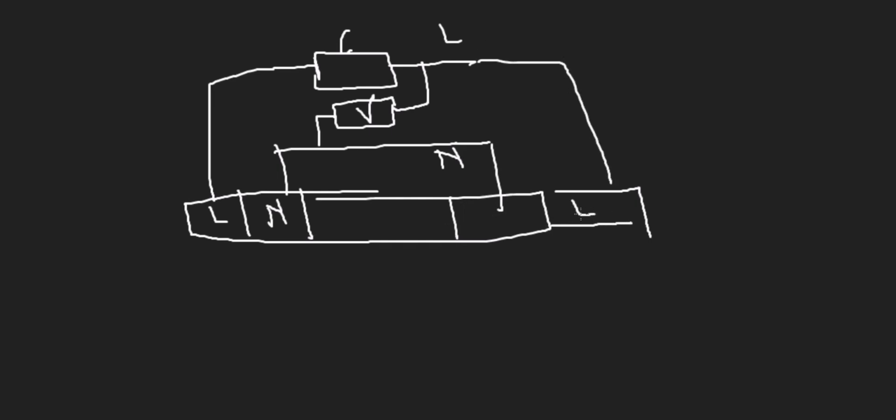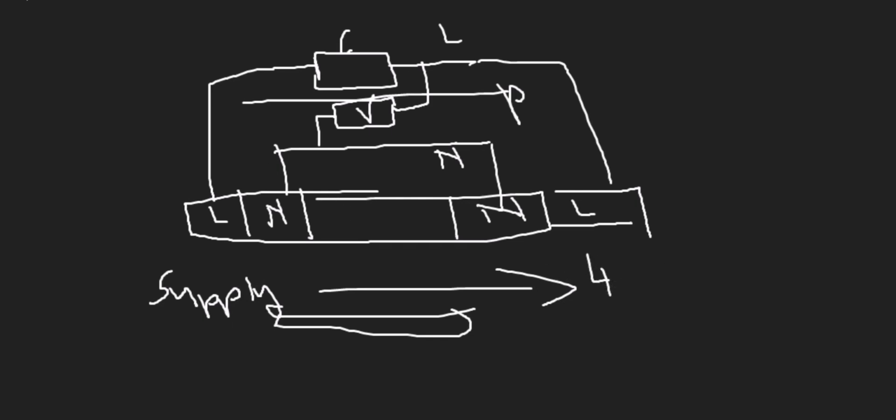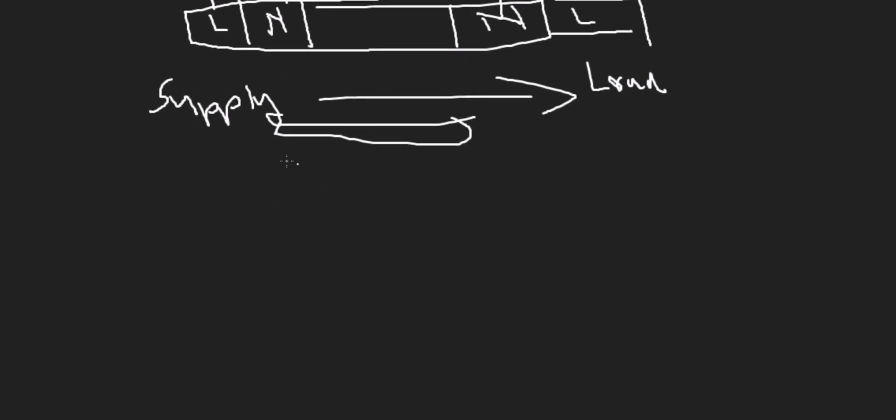This is your energy meter. Inside there's a disc that is rotating continuously with an arrow here, so we determine the direction of current flow. You have your supply side and your load side.